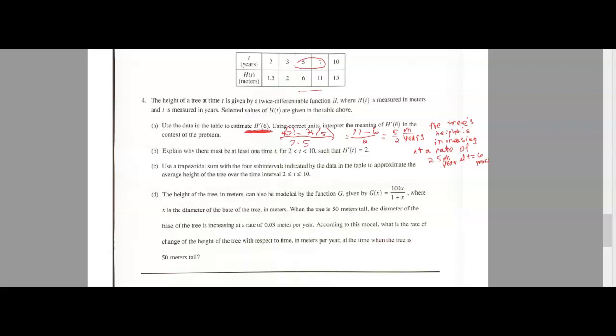All right, B, explain why there must be at least one value from 2 to 10 such that h prime of t is equal to 2. So this was the very first review that we did. Typically it gets asked with a table, and what we talked about back in that day. If you are given an interval and you start talking about explain why there must be something that's true or maybe something false, typically, you were told that this is twice differentiable.